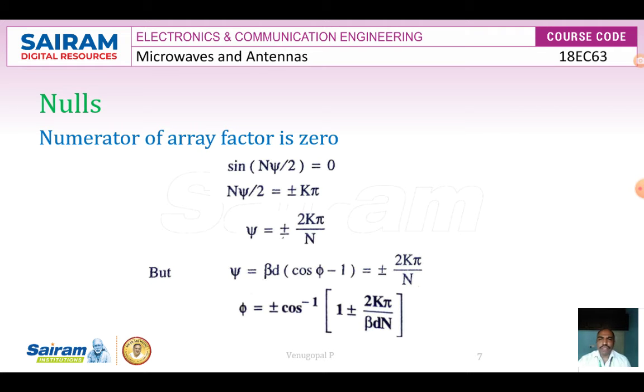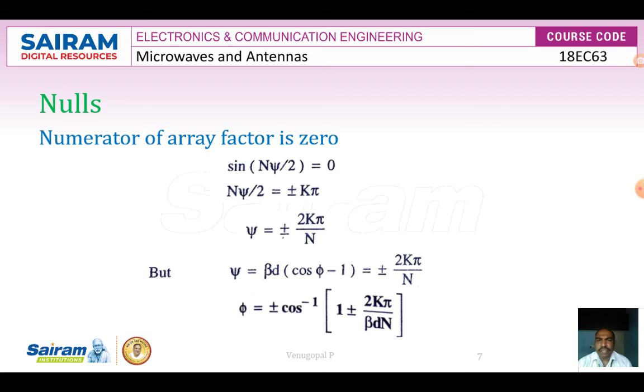So next we are going to find the nulls expression. To find the expression of the nulls, we should equate the numerator of the array factor to 0. Sin n xi by 2 equal to 0 indicates that n xi by 2 is equal to plus or minus k pi, because sin inverse of 0 is either 0 degrees or 180 degrees. That can be expressed generally as plus or minus k pi, where when k is equal to 0, then n xi by 2 is equal to 0, or k equal to 1 means it should be equivalent to 180 degrees or pi.